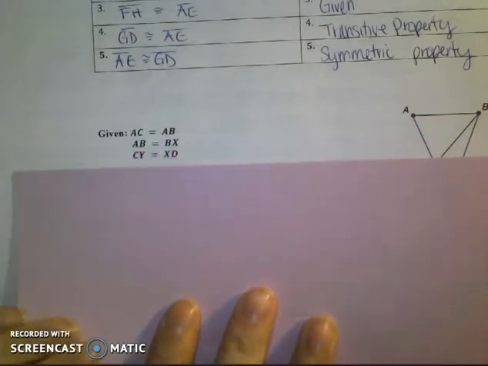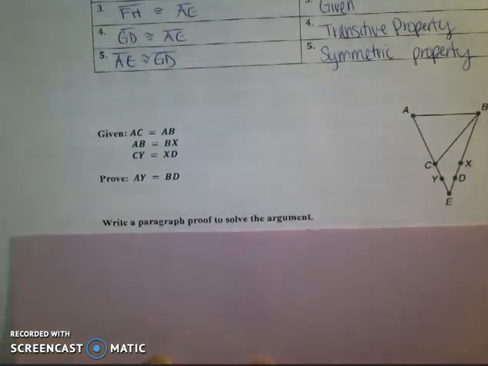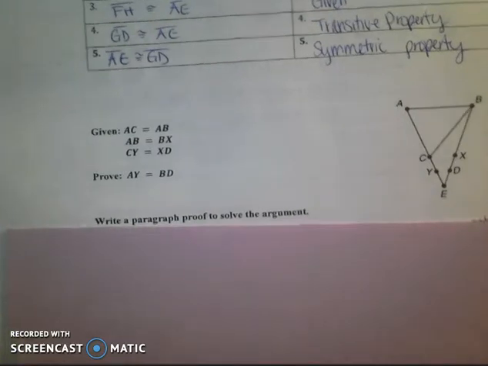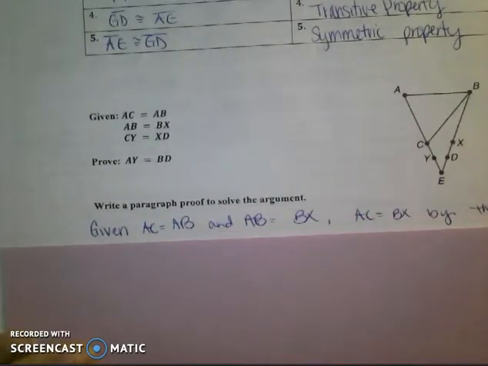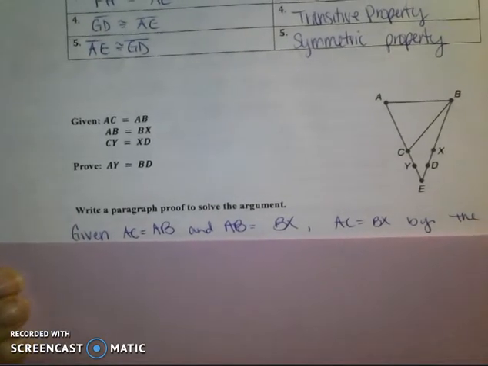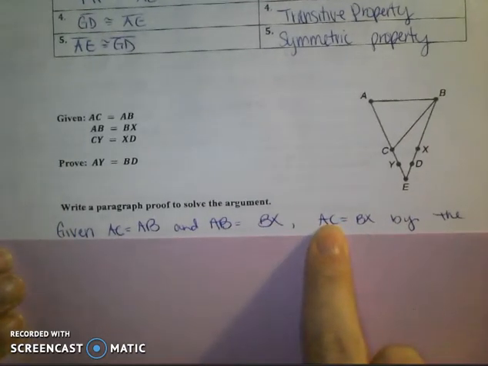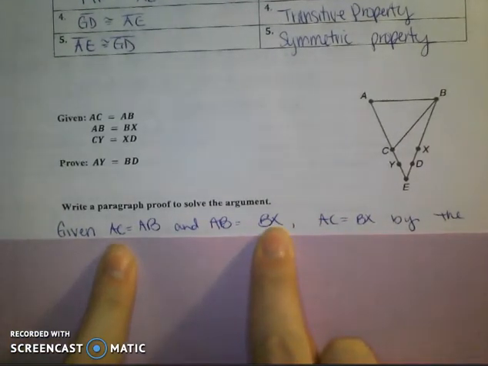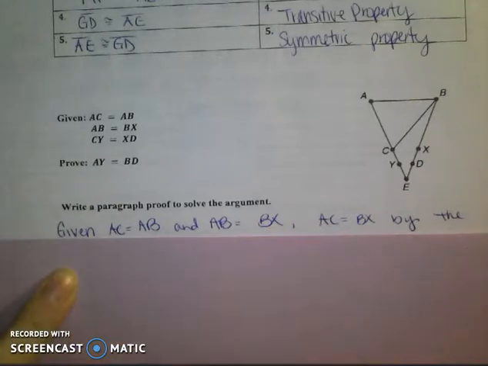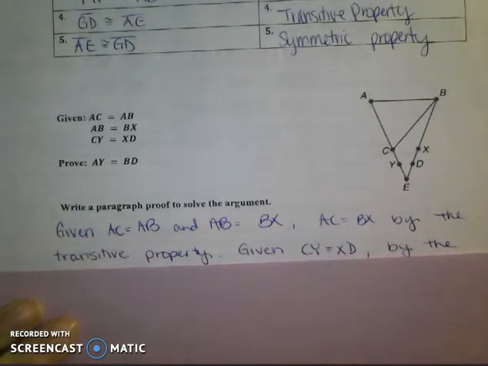All right, our next one is going to be a paragraph proof. So let's just go ahead and start off with what we do know, and it's what we're given. So we're given that AC is equal to AB is equal to BX. Well, if they're both equal to AB, then we can say that AC, the first and the last there, are equal to each other by the transitive property.